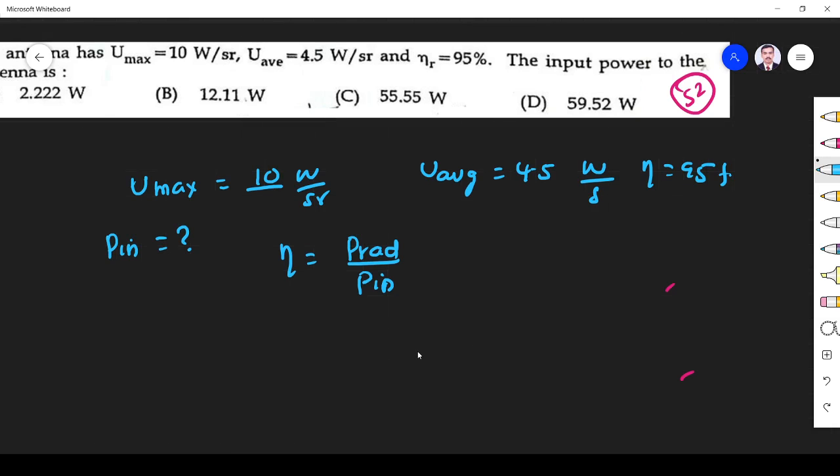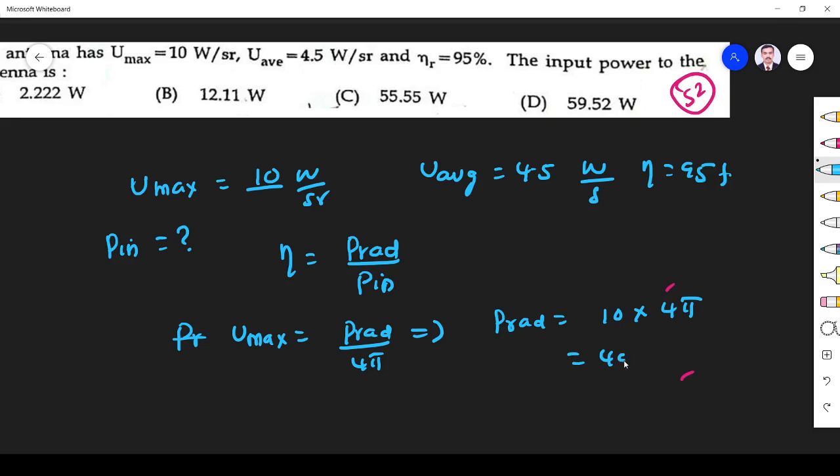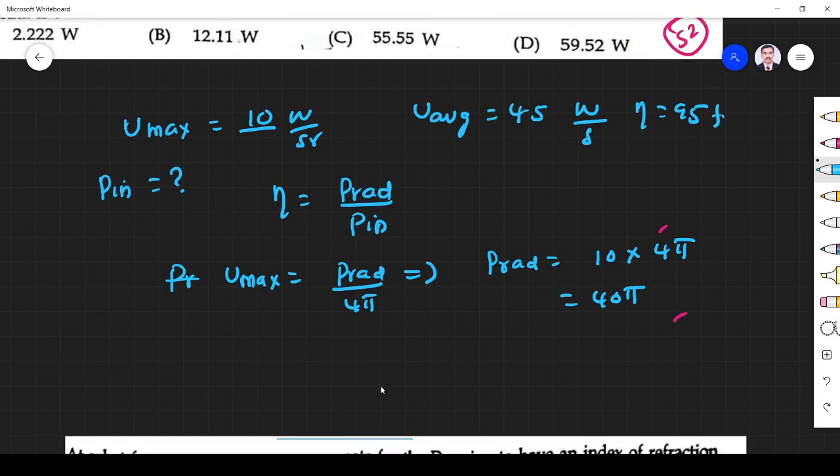Power radiated is given by, we know the relationship, U max is power radiated divided by 4 pi. So U max into 4 pi, 10 into 4 pi, 40 pi power radiated. Now we know power radiated. What we want is power in.